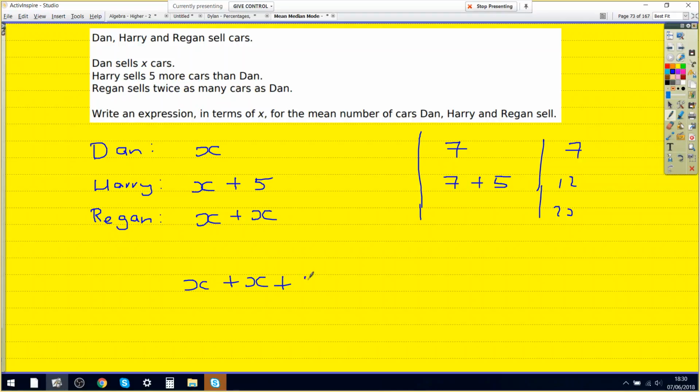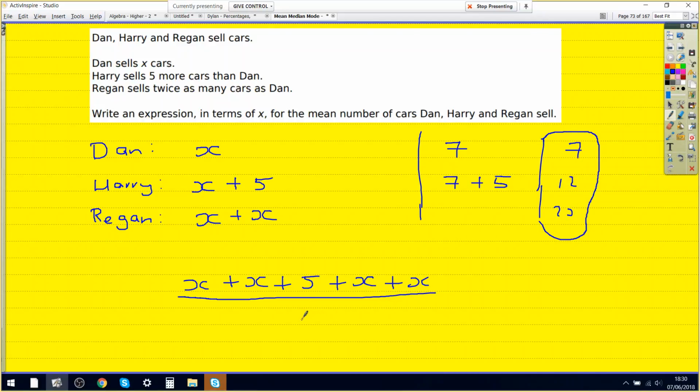Would it be X plus X plus X plus X plus 5, divided by 5? That's not what you said a second ago. How would you find the mean if it was 7 cars, 12 cars, and 20 cars?